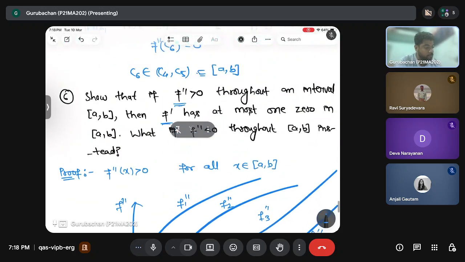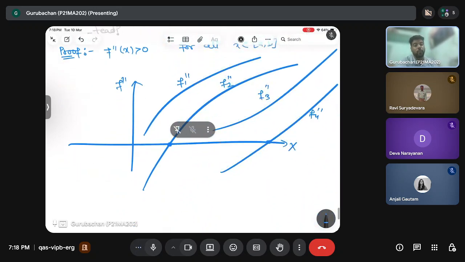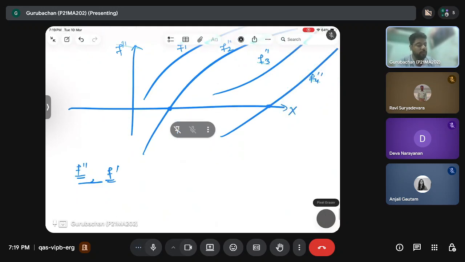Why can continuity be maintained? We have given f double derivative and f derivative, so it is a differentiable function. Differentiability guarantees the existence of continuity.